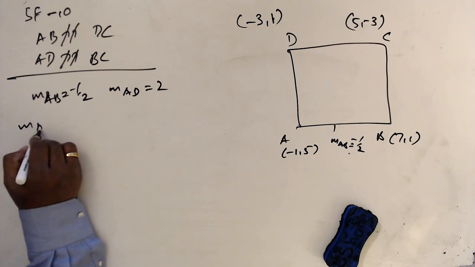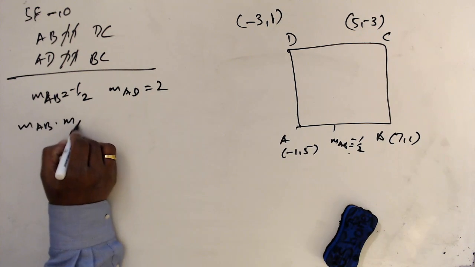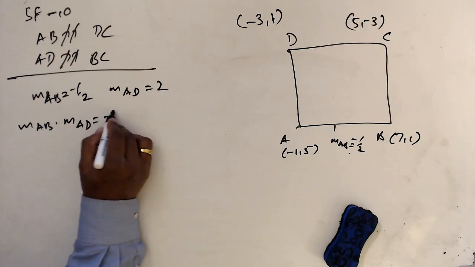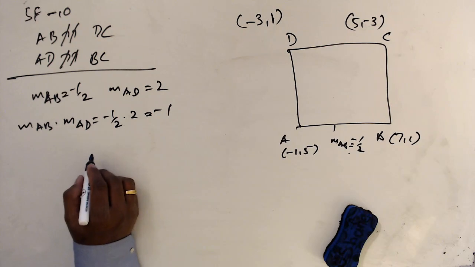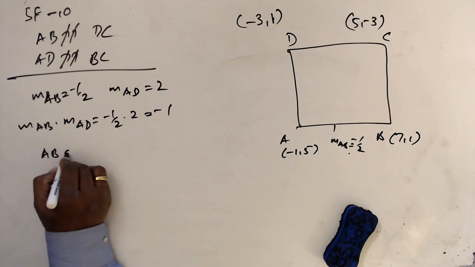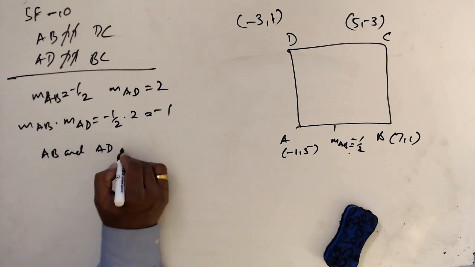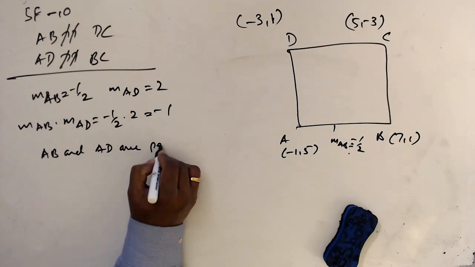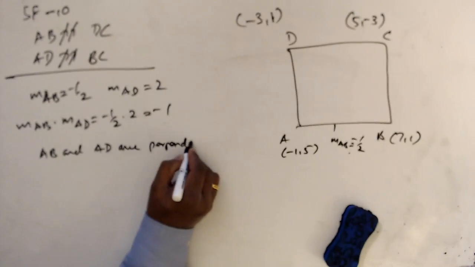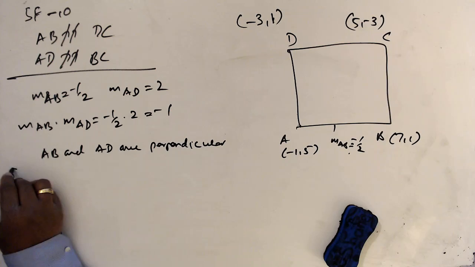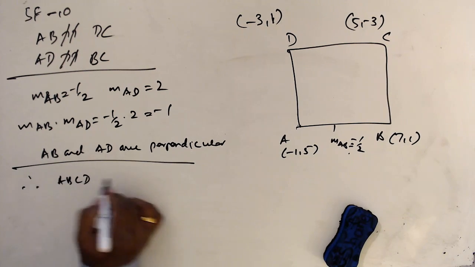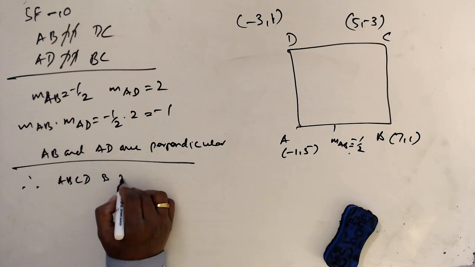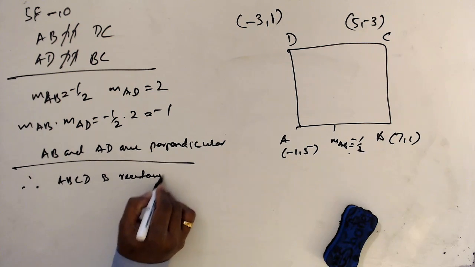Then mAB times mAD is minus half times 2, which equals minus 1. AB and AD are perpendicular. Hence, ABCD is a rectangle.